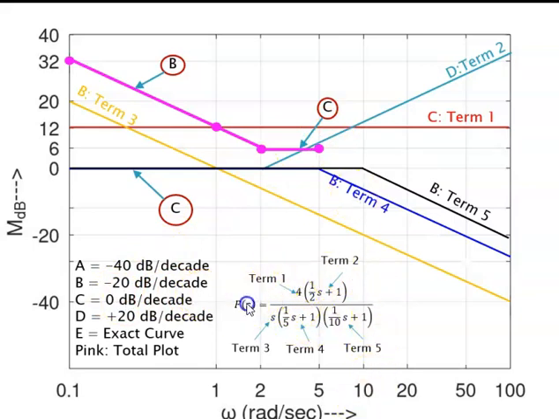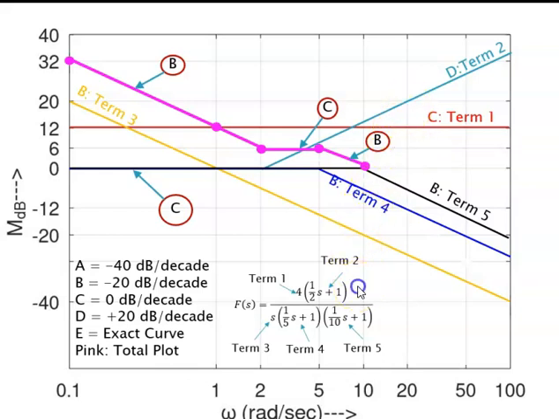And similarly, at 10, you do it, and then at 20, you sum up whatever is the value here plus the value here plus the value here. Of course, taking sign. The value here is negative, the value here is negative, the value here is negative. This is 12, and whatever is the value here is positive.